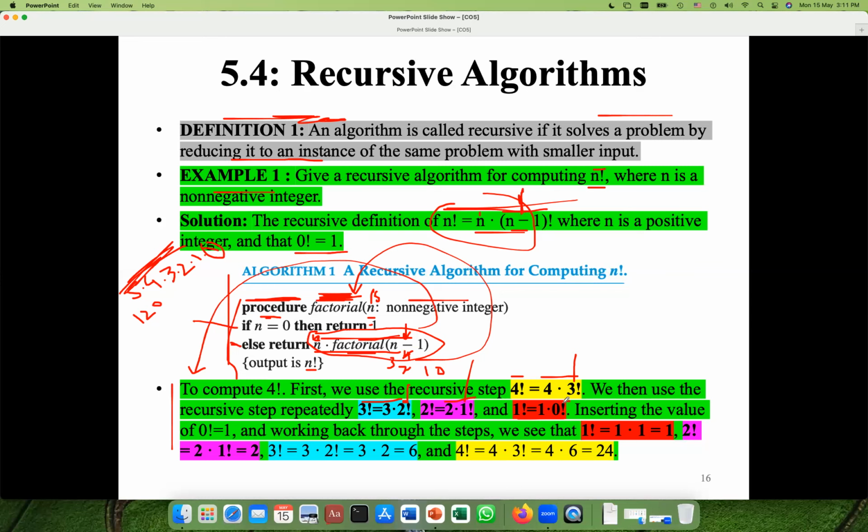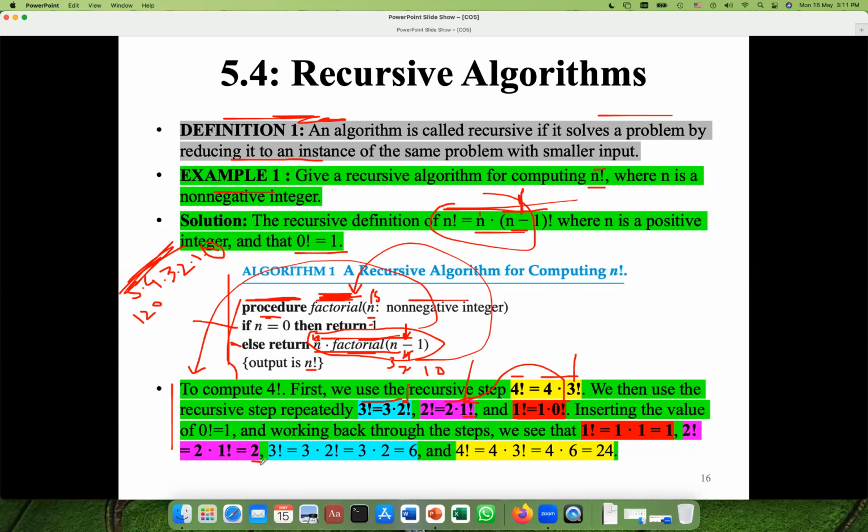So that 1 will be given here at this position, in this violet color. That 1 will come here, and then you will have that 1 factorial. What is the answer for that 1 factorial? What you will put here, and then you will have the answer 2.